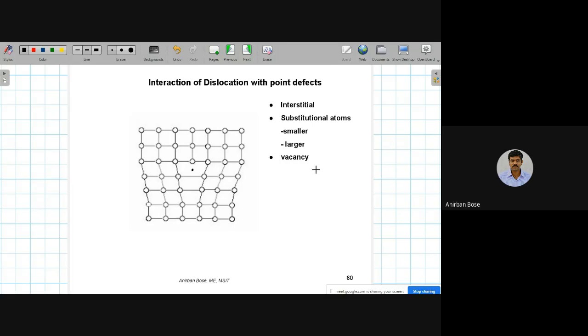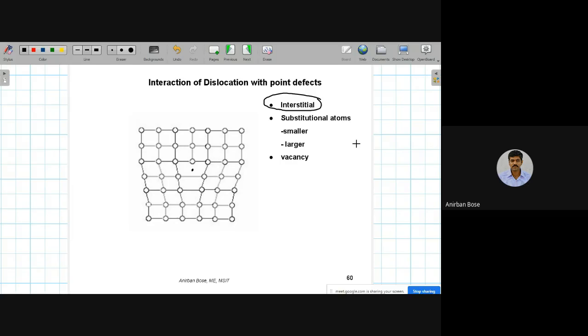In this region where the edge dislocation is present, we can see different kinds of point defects, like interstitial point defects. You already know that an interstitial point defect is when some external impurity atom goes into the interstitial void space.